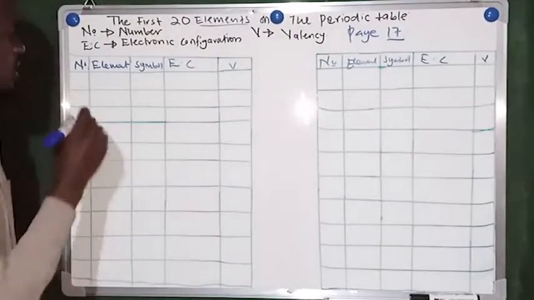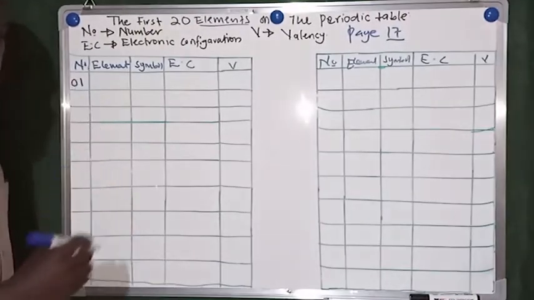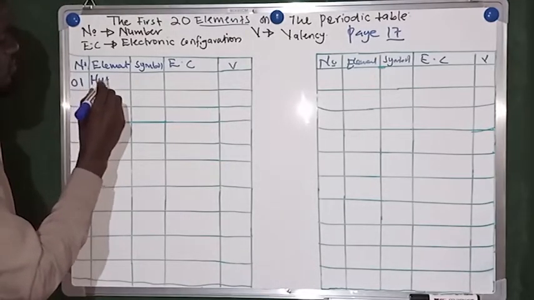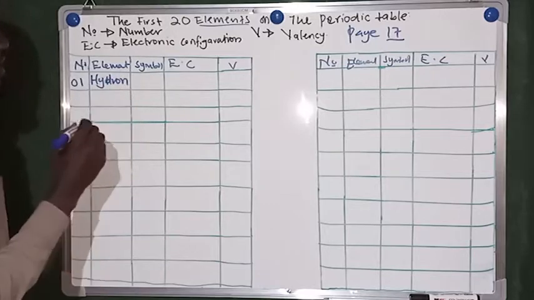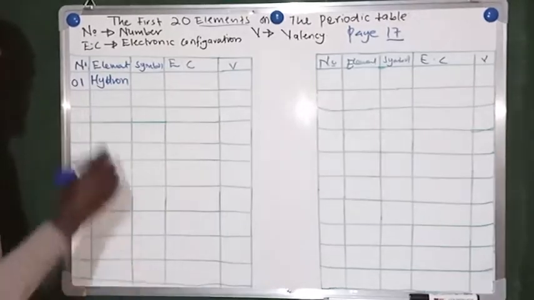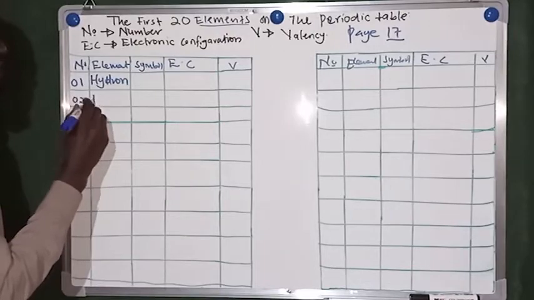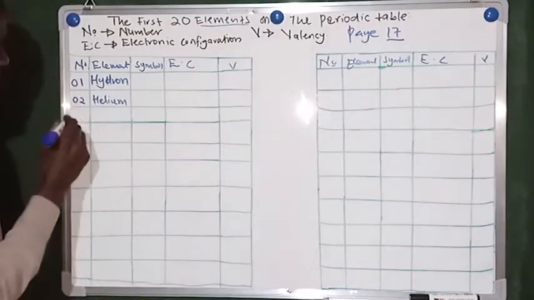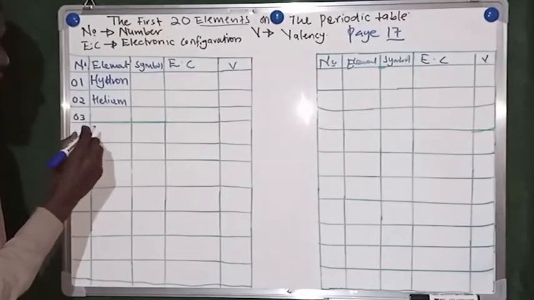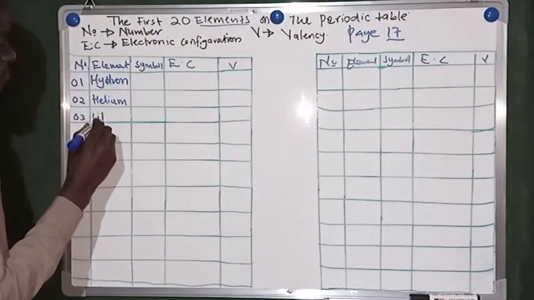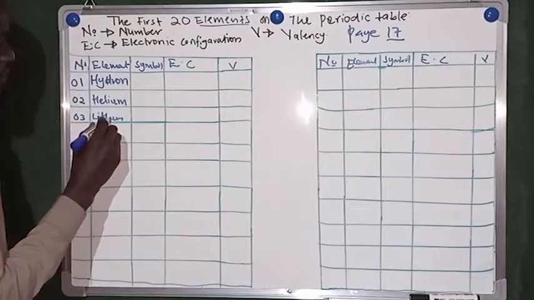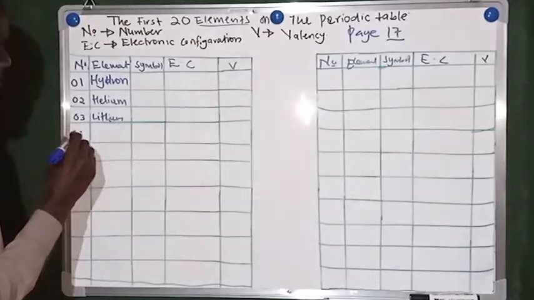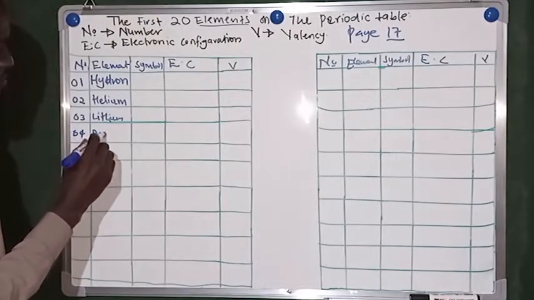Now the first element, number 1, is called hydrogen. Now let us first write the elements. The second one is called helium. The third one is called lithium. Fourth one is called beryllium.